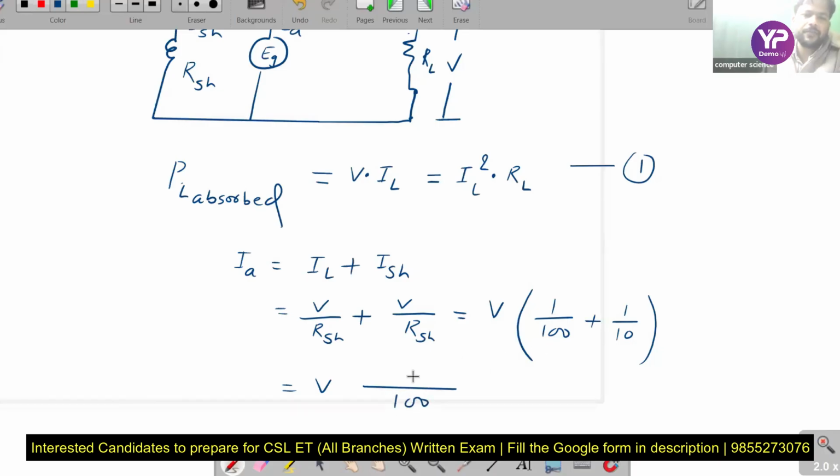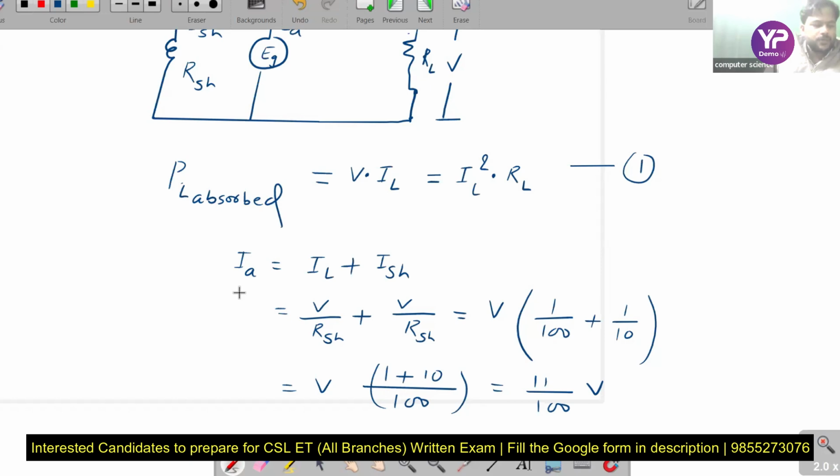LCM is 100. 100 divided by 100 is 1, and this is multiplied with the numerator, so 1 plus, similarly, 100 divided by 10 we get 10, and 10 multiplies the numerator, so this is 11 by 100 V.